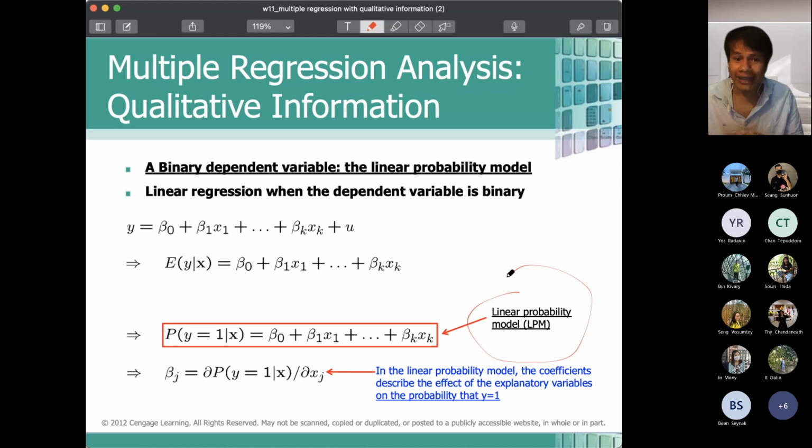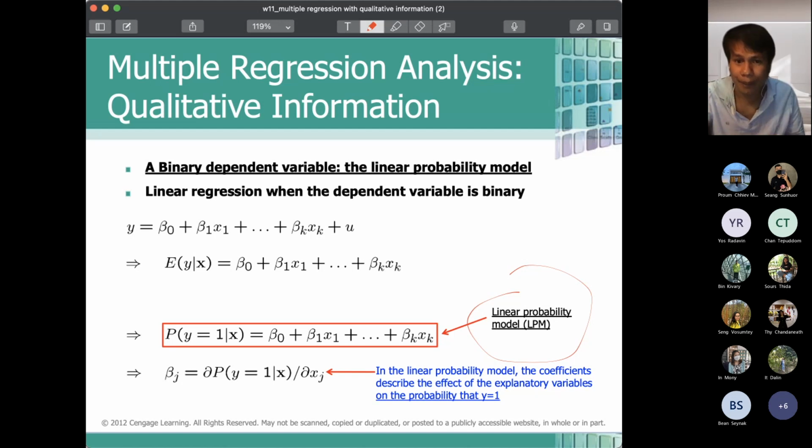All right? So in the linear probability model, the interpretation of your coefficient is no longer how much it increases or how much it affects Y. If that independent variable is quantitative, it affects the probability of Y, because the dependent variable here is 0, 1.